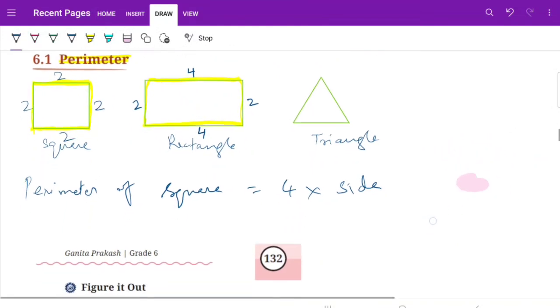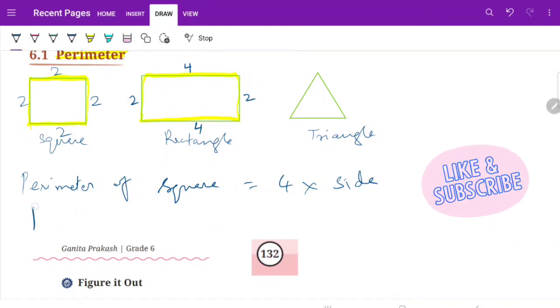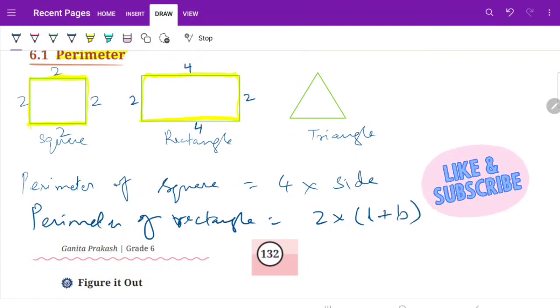The formula for perimeter of rectangle is 2 multiplied by (L plus B). Two times we have length, two times we have breadth, so it is written as 2 multiplied by (L plus B).